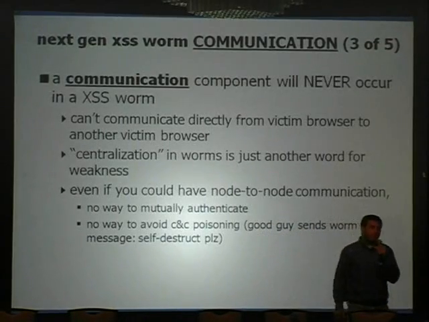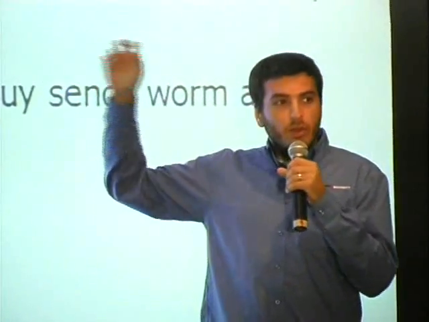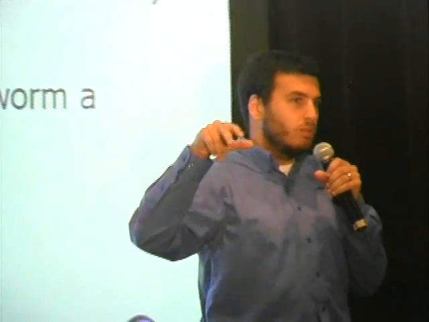Like in some of the work they did against the Storm worm, which was a peer-to-peer worm, the good guys sent messages that said, hey, self-destruct please, and the worm nodes were like, okay, self-destruct. Right? So to prevent that, you need mutual authentication. And there's no way to do that with two worm nodes, because neither of them can be sure that the other is really a worm node and not a good guy.